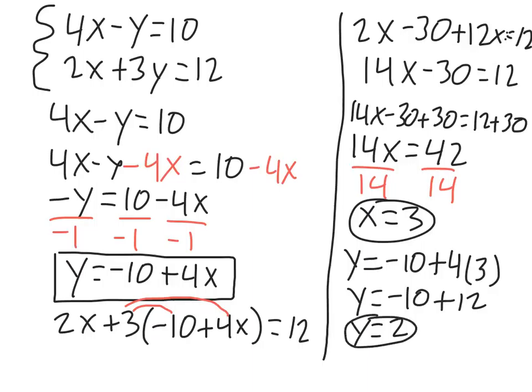So we have x equals 3, y equals 2, and to put that as a point, we can say the point 3, 2. And remember, you can go back, plug 3 and 2 back into both of the original equations, and if they equal the same number, then you did the problem correctly.